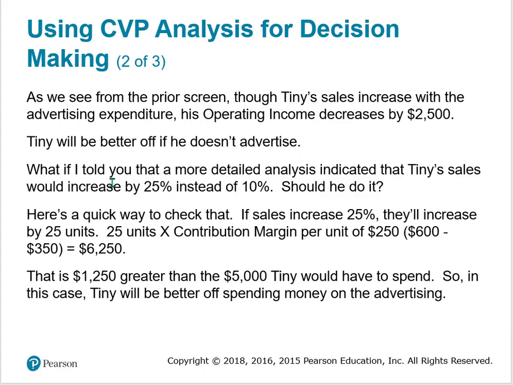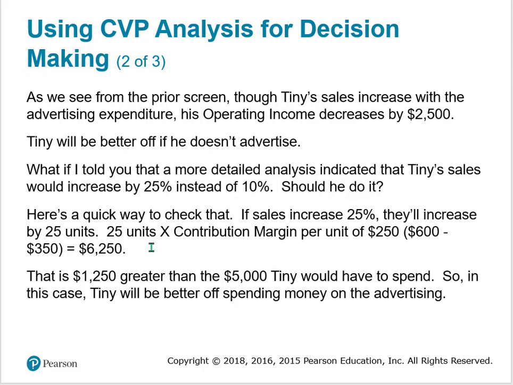What if I told you that a more detailed analysis indicated that Tiny's sales would increase by 25% instead of 10%? Should he do it? A quick way to do it: if sales increase by 25%, then that is going up by 25 units times unit contribution margin of 250 gives you 6,250.